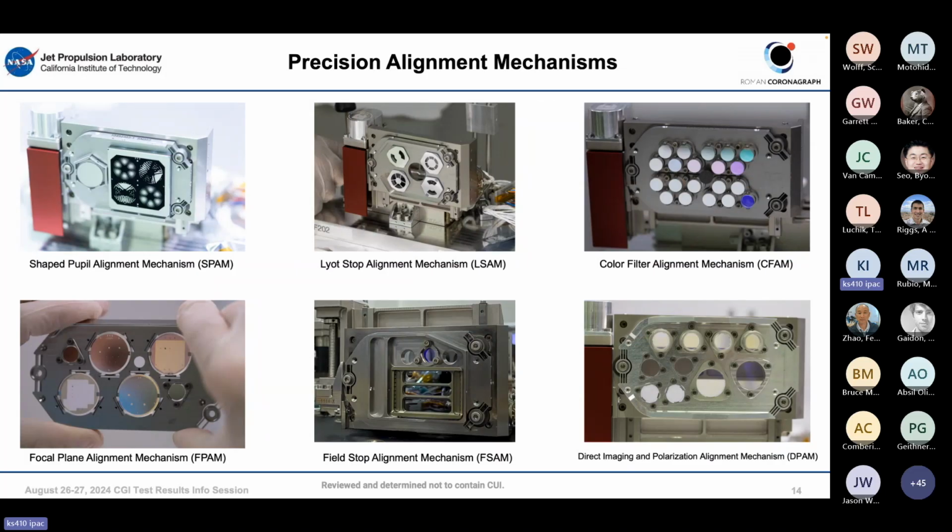Precision alignment mechanisms. The mechanisms themselves were contributed from our international partners, MPIA. There are two different styles of PAMs. I don't believe we have a talk on them specifically, but as you can see, there's a whole bunch of masks and optics on each one.